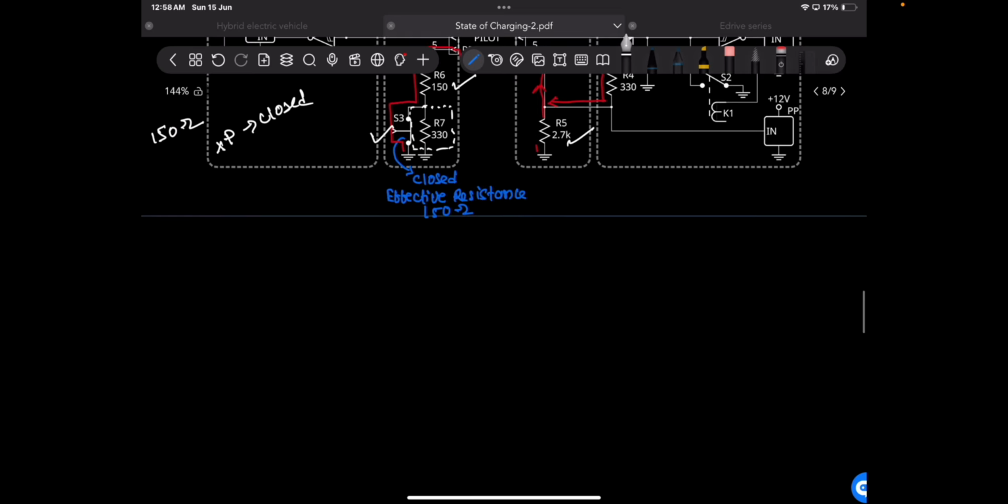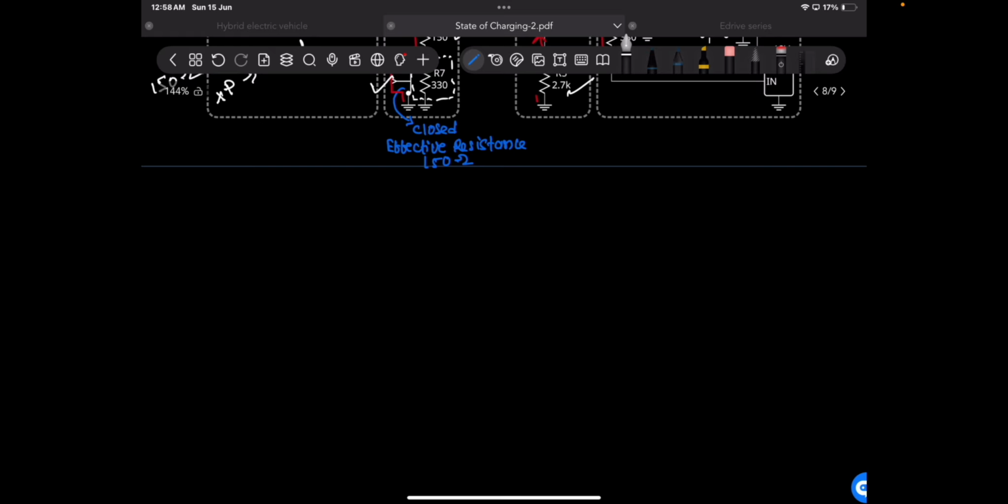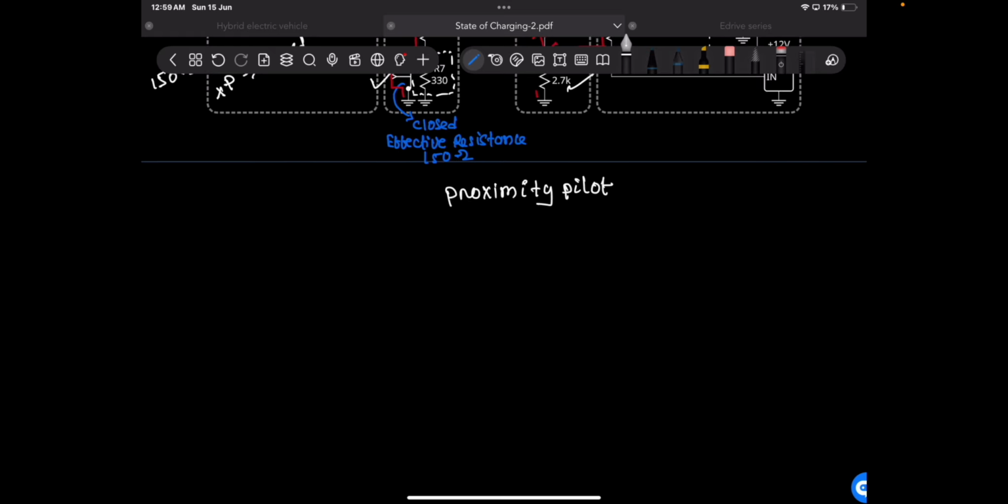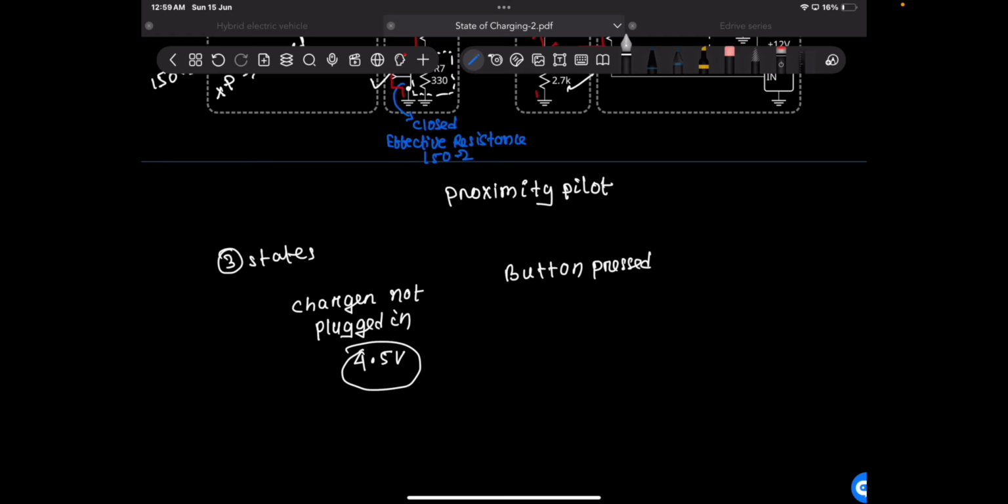As a conclusion, when you deal with the proximity pilot, you will have three states. The first one is charger not plugged in, and in this case you will get a voltage of 4.5 volt as a reading. The next state is button pressed, and in this case you will get 3 volt as the reading.